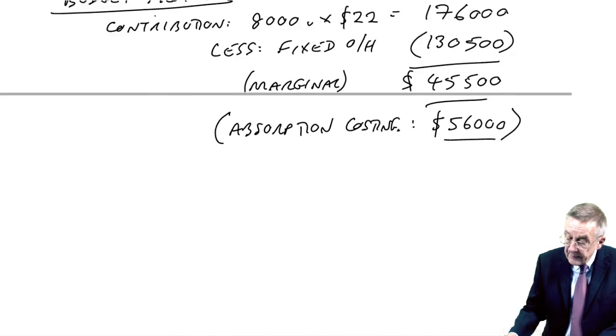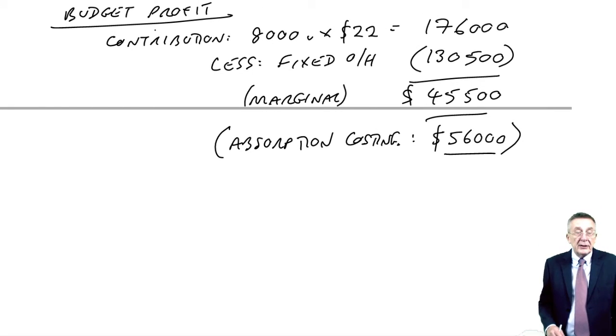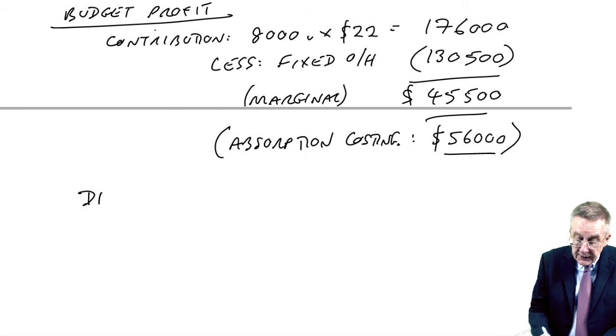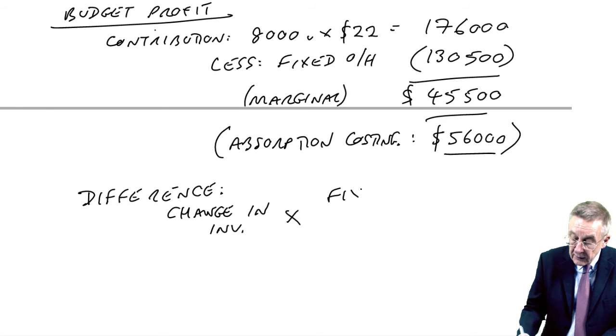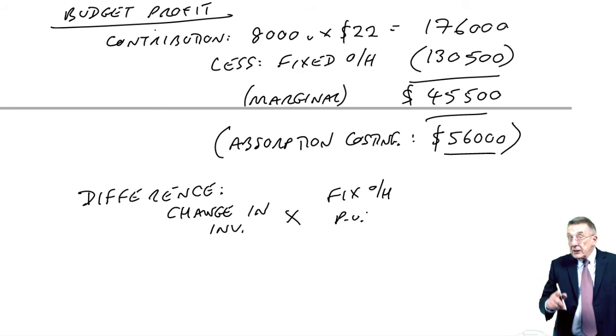And although it's so unlikely that this, what I'm about to write, will be relevant in F5, I can't carry on without actually saying it. The difference is always the change in inventory times the fixed overheads per unit. We're looking at budget figures here.